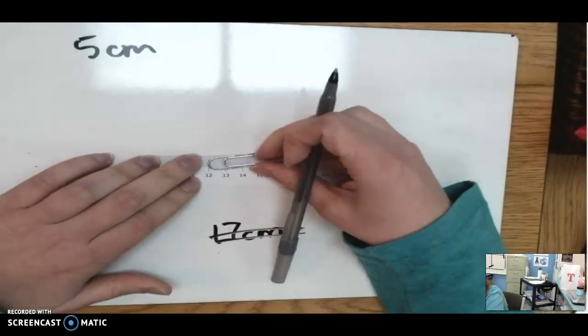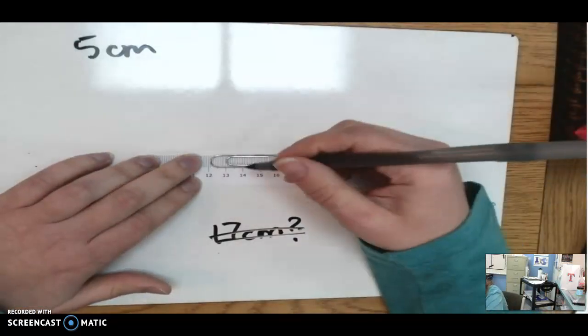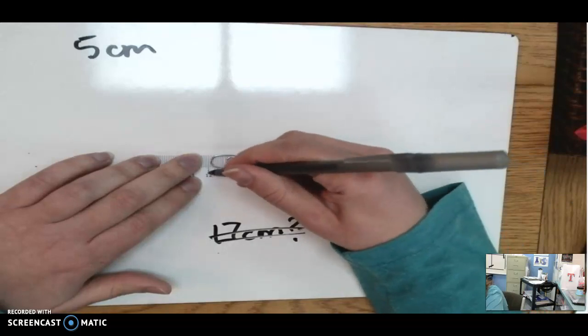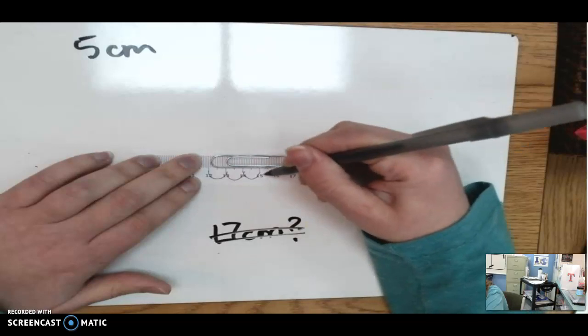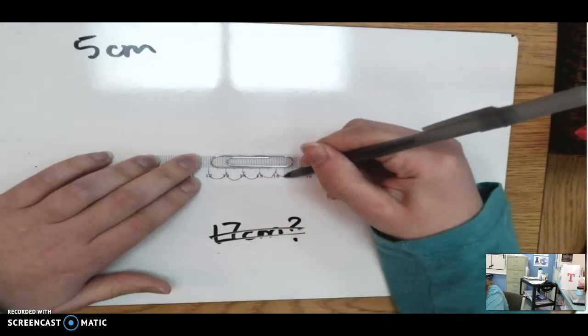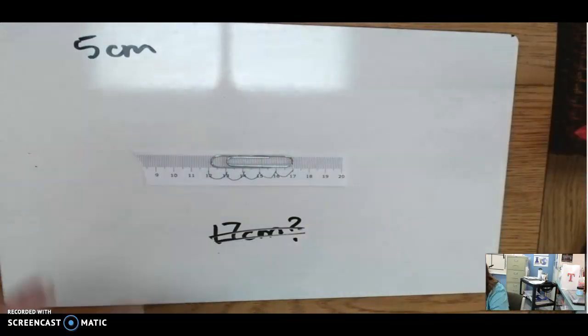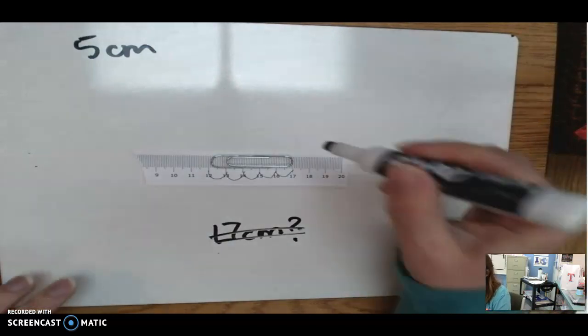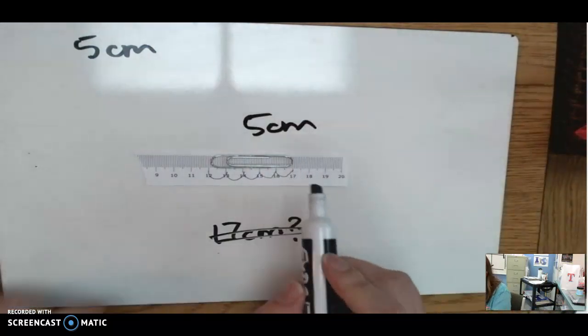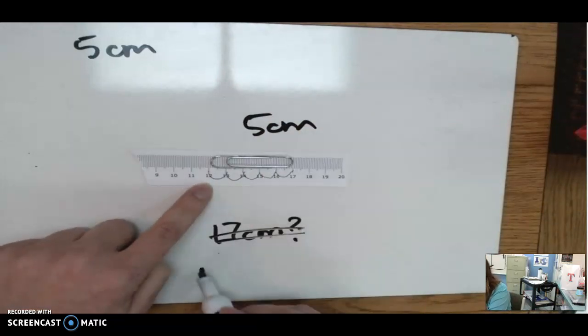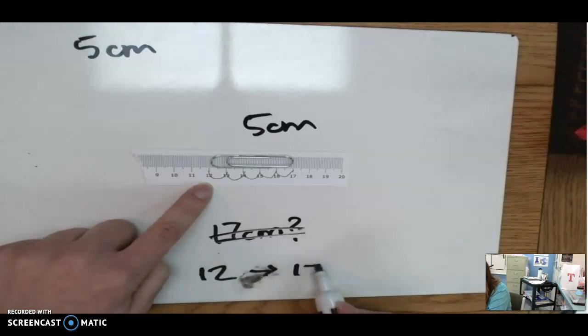So if I start at 12, I'm just going to skip hop, right? So that's 1, 2, 3, 4, 5. So I can still tell that this is 5 centimeters. Or I could have done, okay, it started at 12 and then it went all the way to 17.